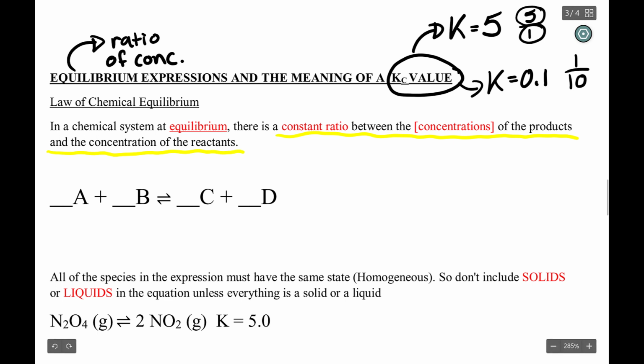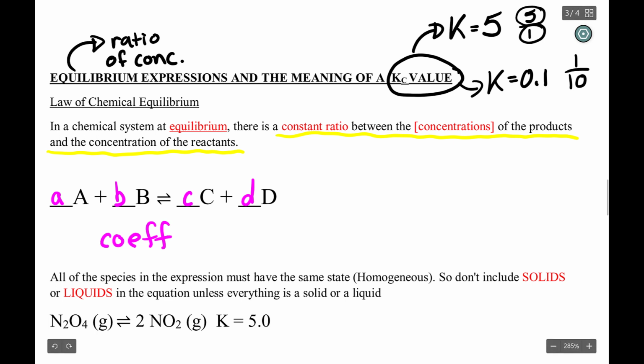So you would get this equation from your balanced chemical reaction, and I have below here a really simple one, A plus B in equilibrium with C plus D. And they would have to be balanced, so I'm just going to use lowercase letters to represent the coefficients. So lowercase a would be the coefficient on A, b on B, so on and so forth. Okay, so the pink letters represent coefficients.